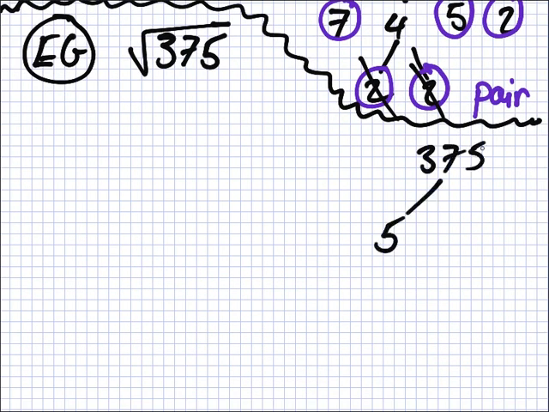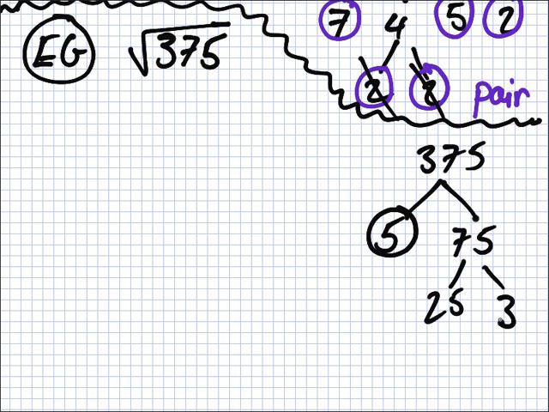This is quite easy because the 5 here makes it clear that 5 goes into it. So what was the other number then? 75. Well, 75 is 25 and 3. I take the 5 again. 5 and 15.